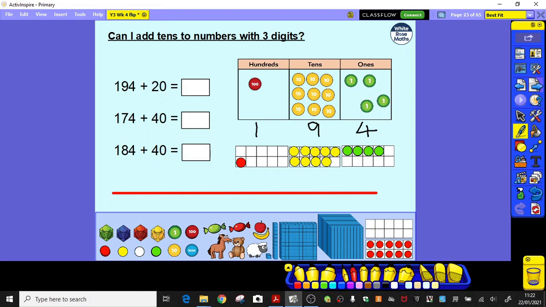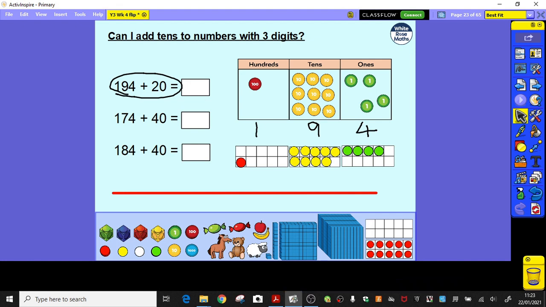So, if I have a look at the calculation over here, I've got 194 add 20. So we've got 194 shown on the place value grid, and we need to add another 20. So if I add 10 more to my tens, how many have I got there now?